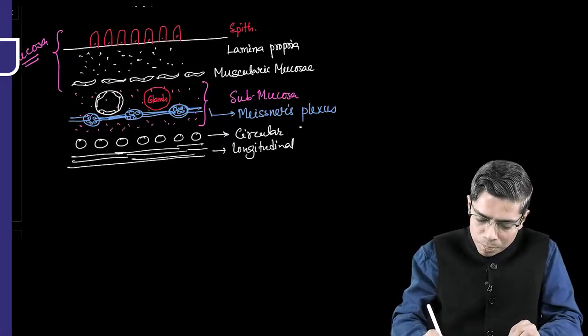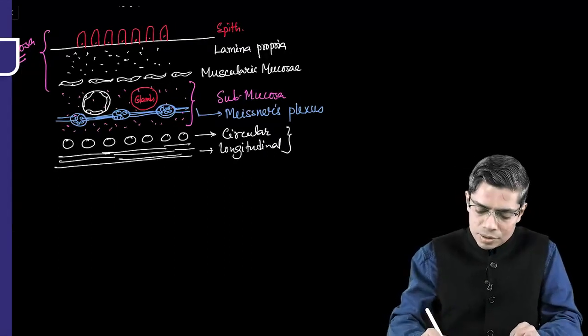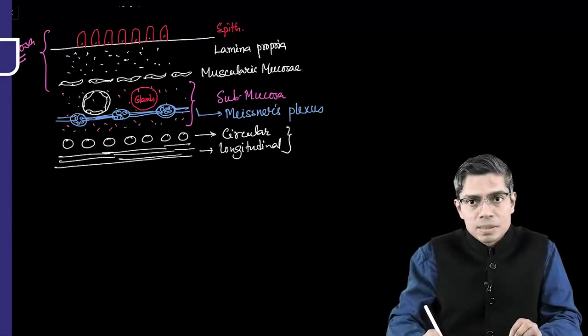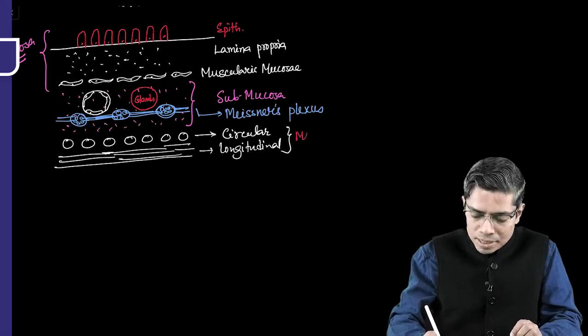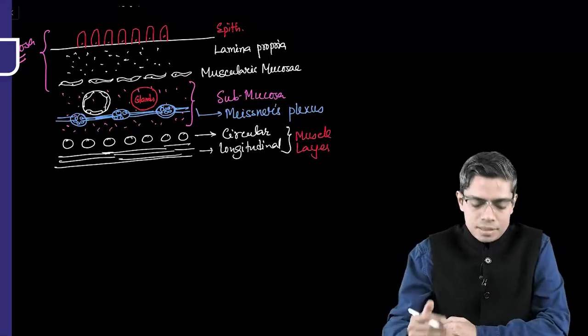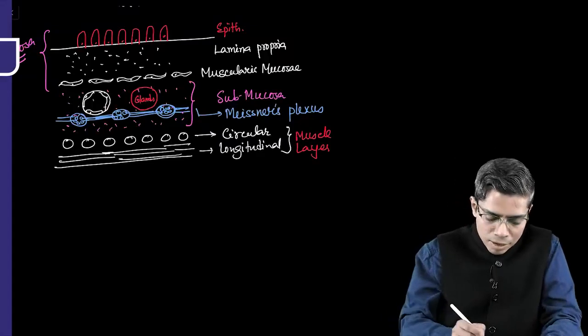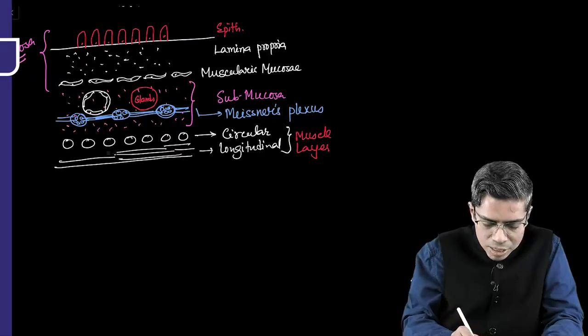The combination of this circular and longitudinal smooth muscle layer is known as the muscularis propria or muscle layer of GIT, right?